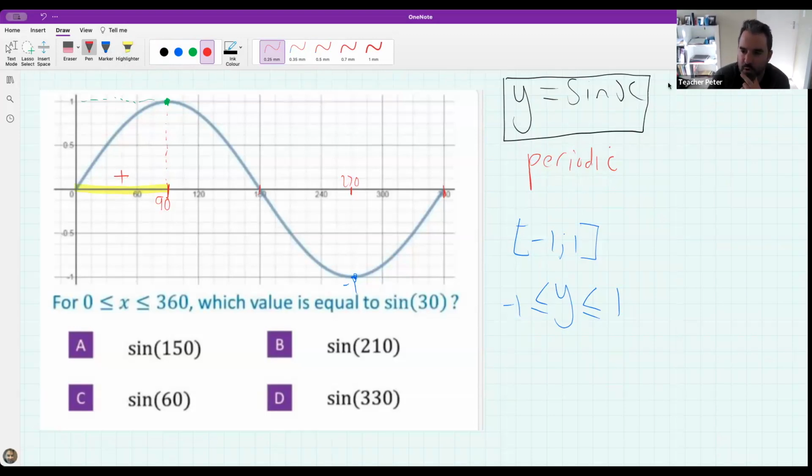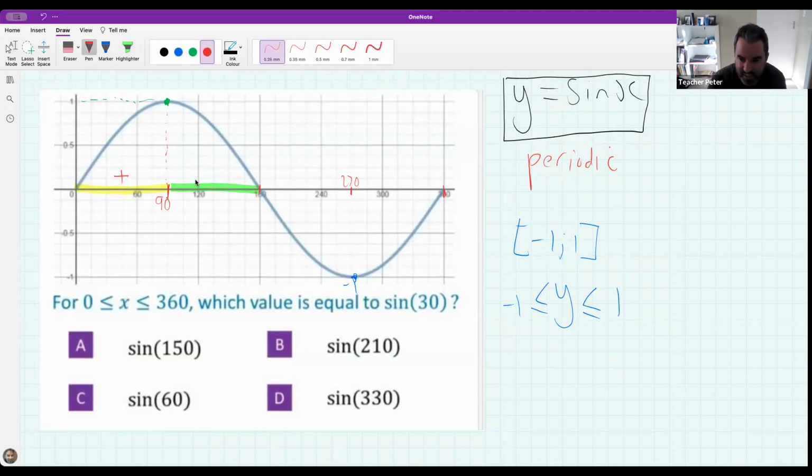Well, give me a thumbs up if you agree with me. Give me a thumbs down. Okay. Now let's go for the next 90. From 90 to 180, do you think the sine graph is positive or negative? What do we think? The green bit, do we think it's positive or negative?